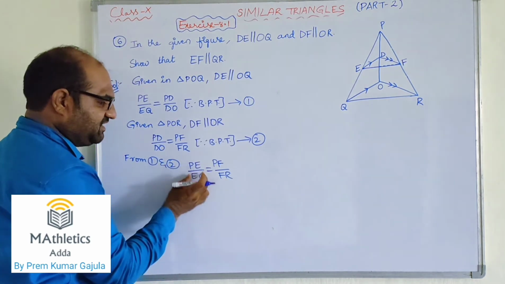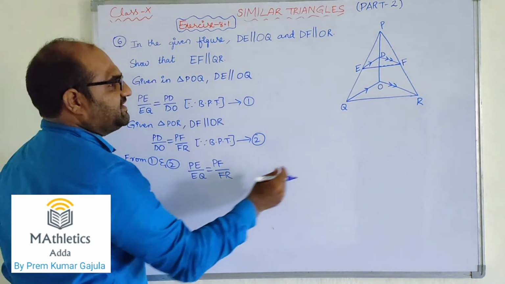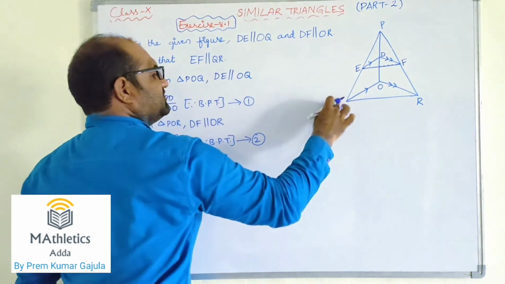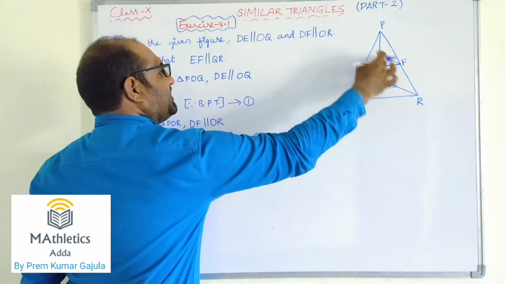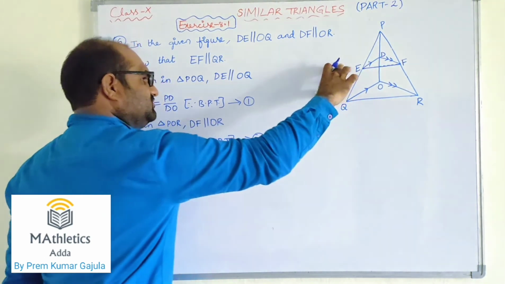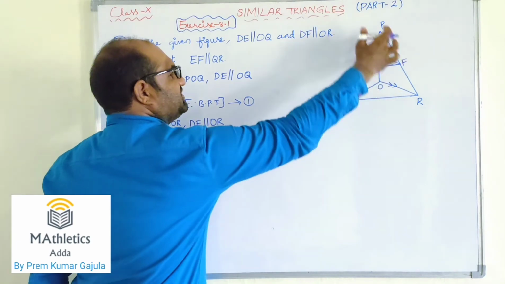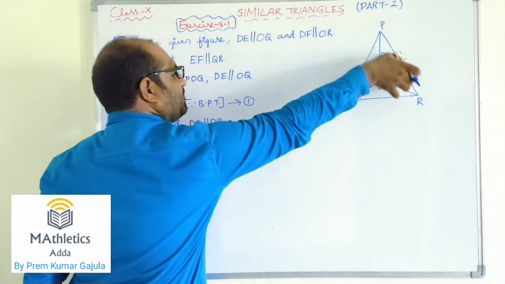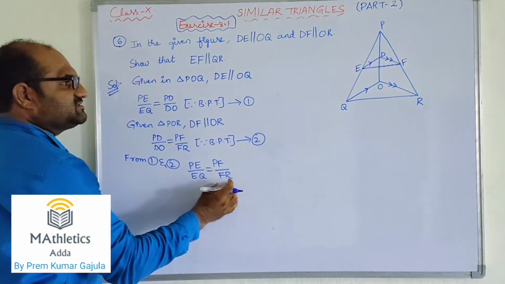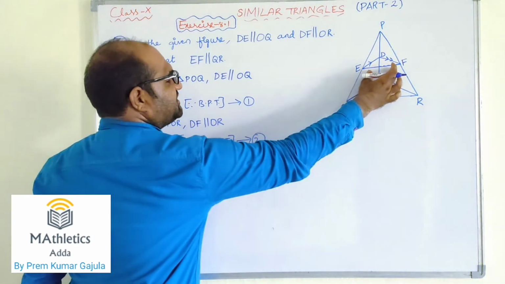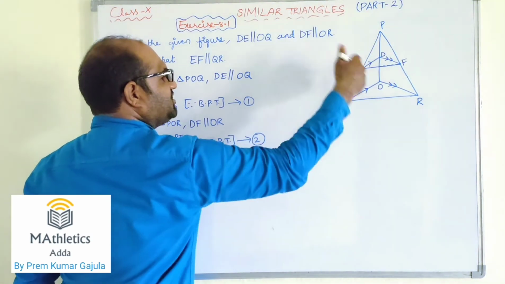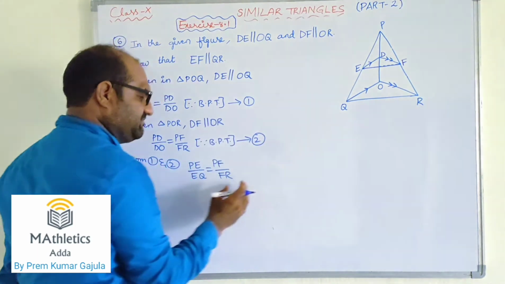This PE by EQ is the ratio in which EF divides PQ, and the same EF is dividing PR in the ratio PF by FR. So this EF is dividing these two sides of triangle PQR, that is PQ and PR, in the same ratio.